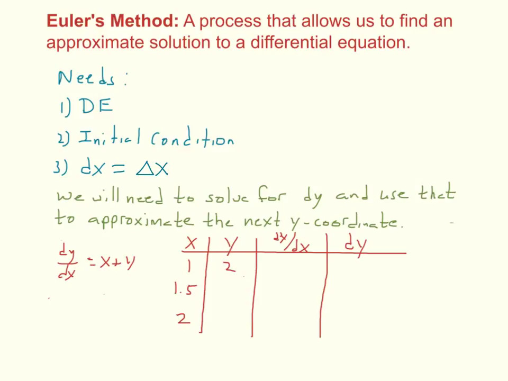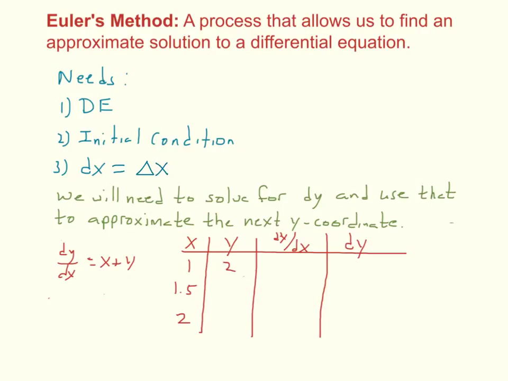And what we're going to do is calculate what dy is. Remember, in terms of the differentials, dy is an approximation of the actual change in y for that equation. We're going to use dy to give us our next y coordinate.